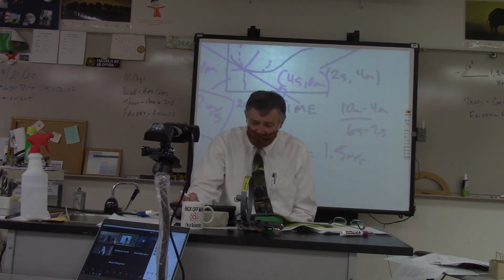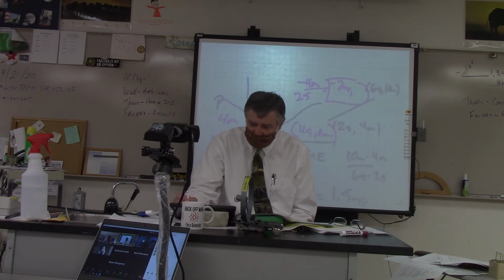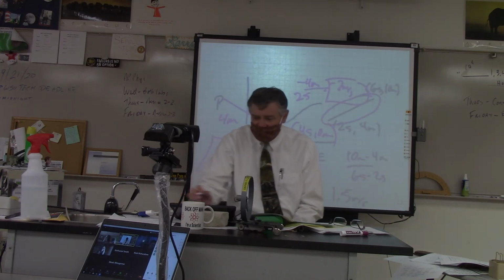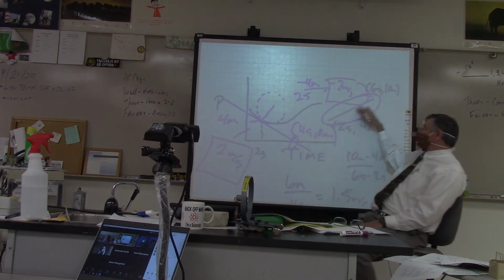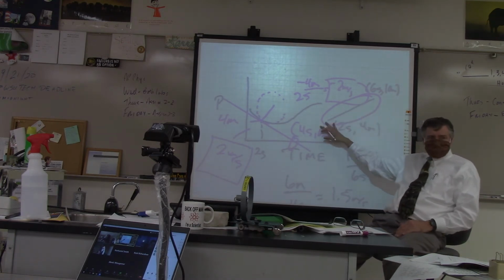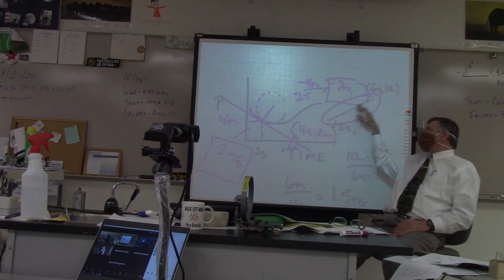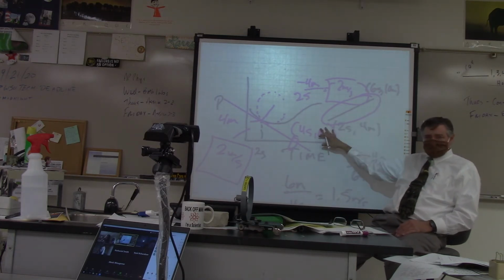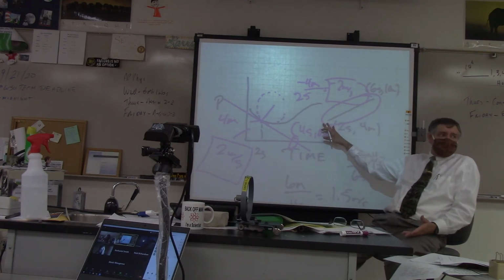Because if you have a straight sloping line like this, when you have constant velocity, you couldn't draw a tangent line to this if you tried, because there's no curve, okay? So this instantaneous velocity here is just whatever the slope of that line is.